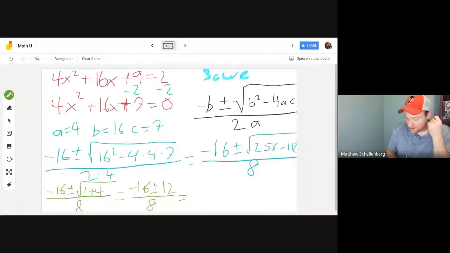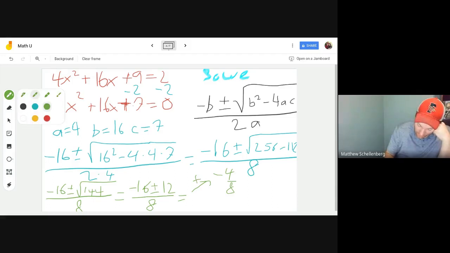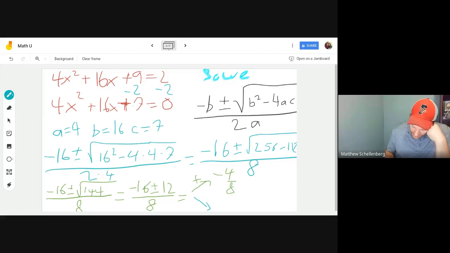And so that means that if it were minus 16 plus 12, it would be minus 4 over 8. So let me do two different ones. Minus 4 over 8. And that is the plus one. Remember, it's plus or minus. So if it's the plus, it would be minus 16 plus 12, which is minus 4 over 8. And if this were the minus, minus 16 minus 12 is negative 28.